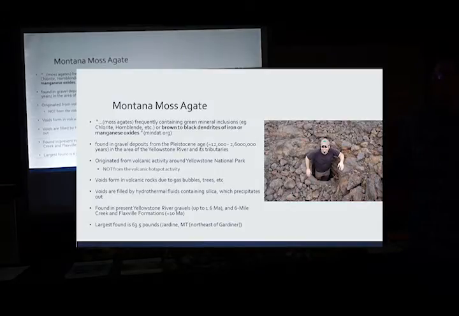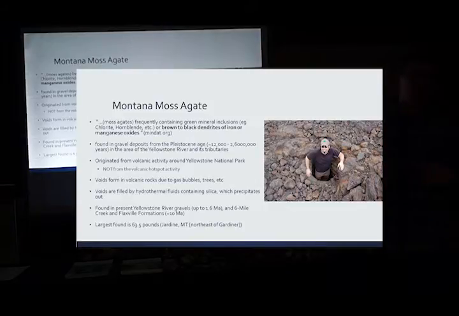You can find them in the Yellowstone River gravel deposits that are Pleistocene in age, so from 12,000 years to 2.6 million years ago. The origin is actually from the Yellowstone National Park area, but not actually the volcano itself. And I'll get into that in a second.